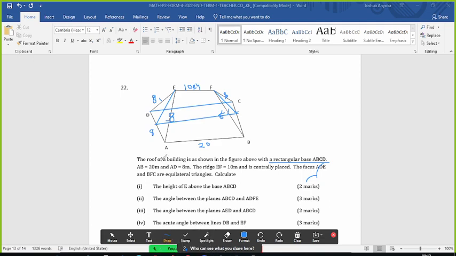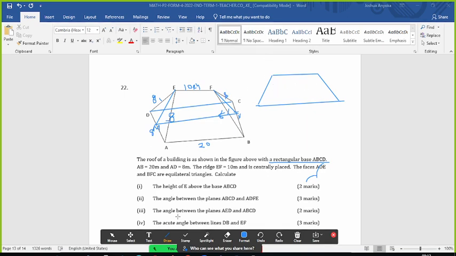If we name this one as M and this one as N, there is a trapezium that we can extract. So we can come here and extract an isosceles trapezium.